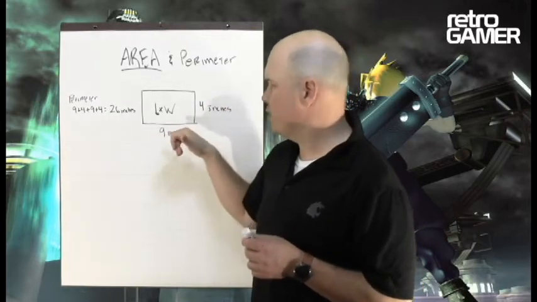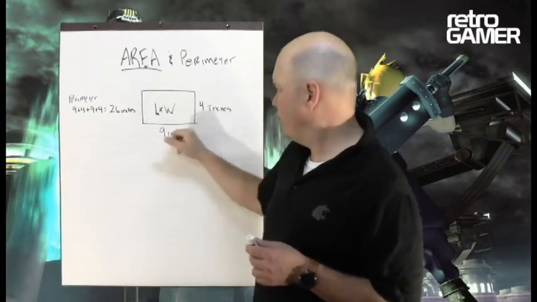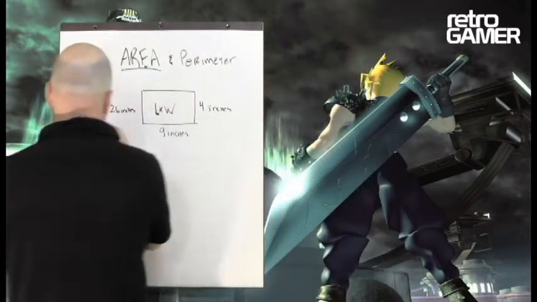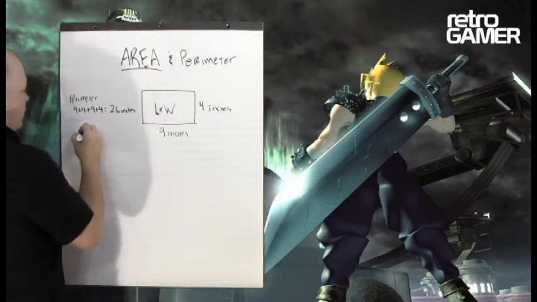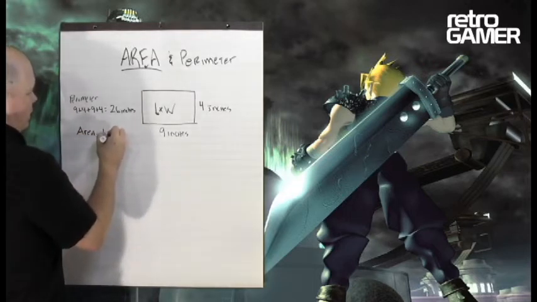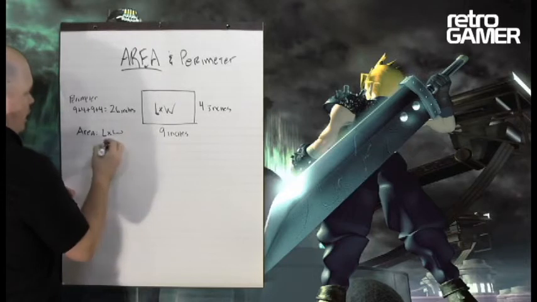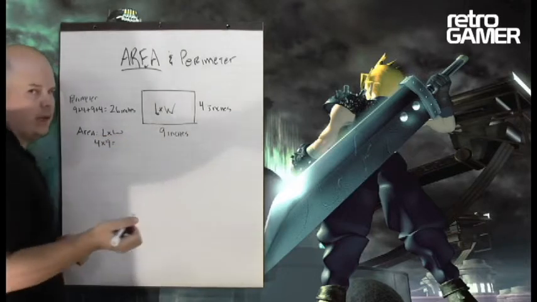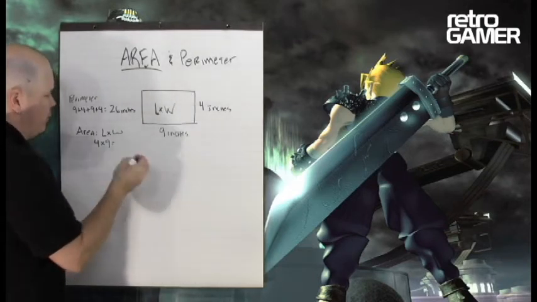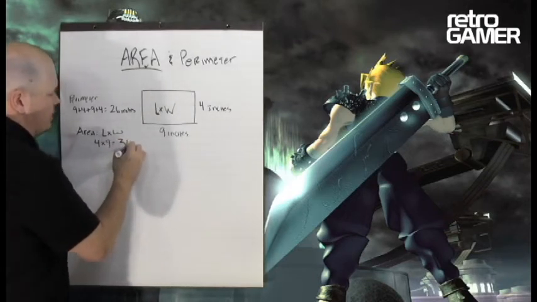It's just a multiplication: side 1 times side 2, or my length times my width. So in this case, my area would be 4 times 9. And when I dust off all my awesome multiplication prowess, 4 times 9 gives me 36.